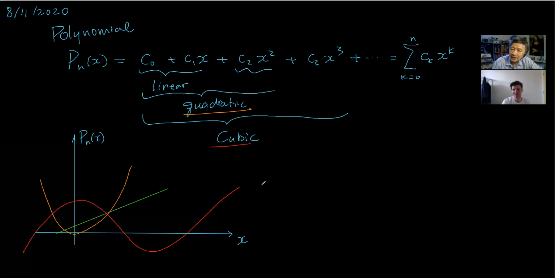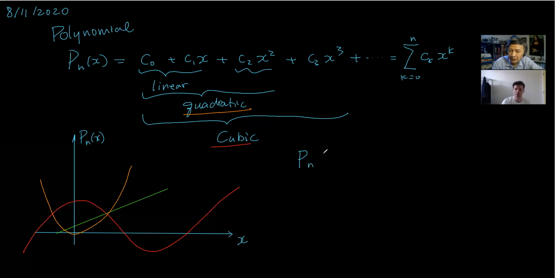But this doesn't stop us from using matrices to represent the polynomial. In the first step, before we talk about transformation afterward, we can represent this polynomial as a vector. This is a bit abstract.